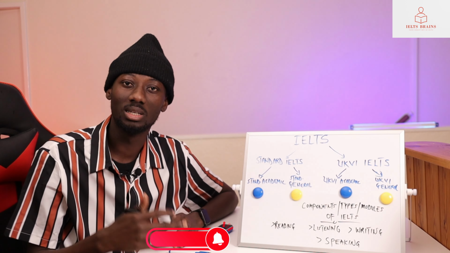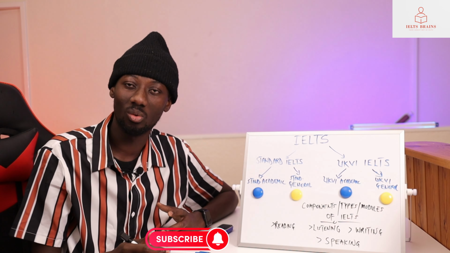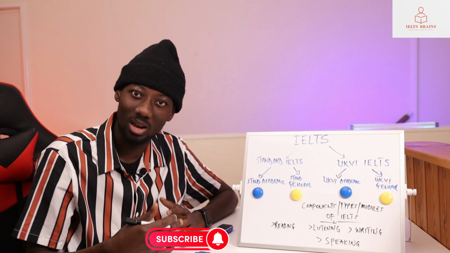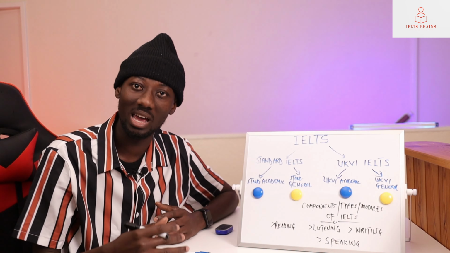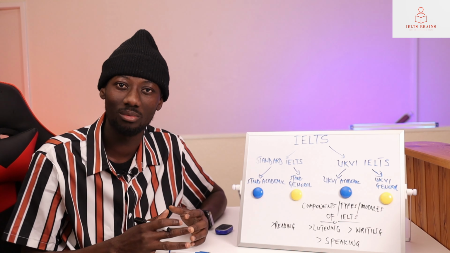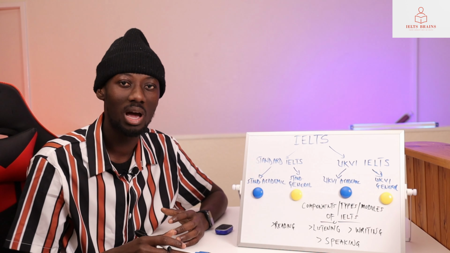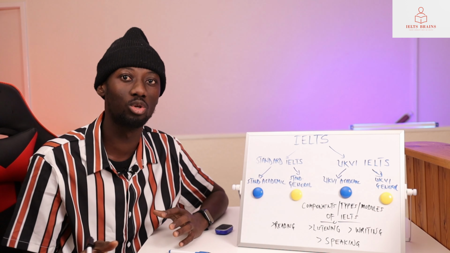For example, someone can travel to the United Kingdom and work as a carer with IELTS Academic, and someone can also do so with IELTS General. So although they have their differences, they also have a similarity. So be very sure about what you want to use it for, and about the type of IELTS they want you to write.